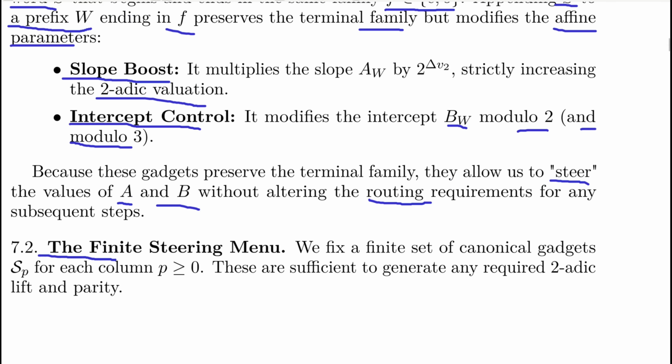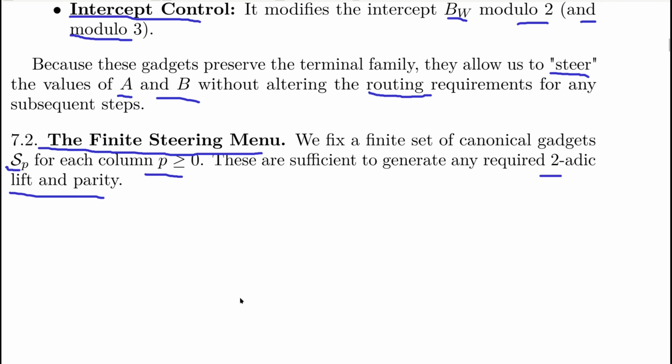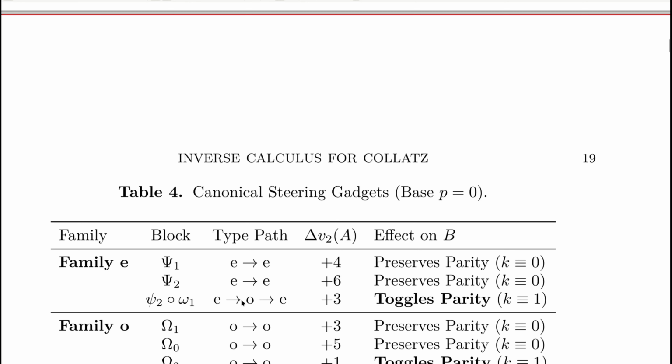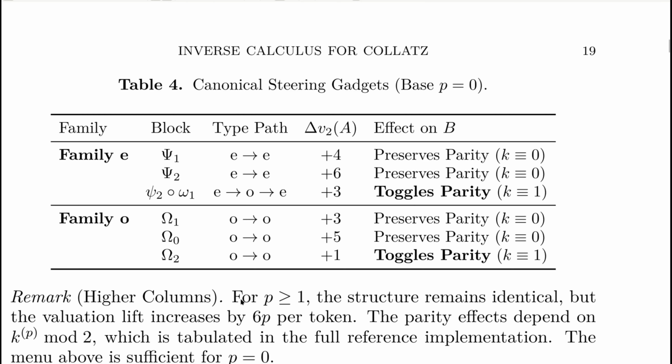So then, here's a finite steering menu. We fix a finite set of canonical gadgets SP for each column P greater than or equal to 0. These are sufficient to generate any required two-adic lift and parity. So here's a table with the canonical steering gadgets.